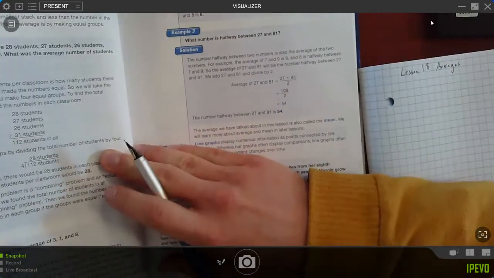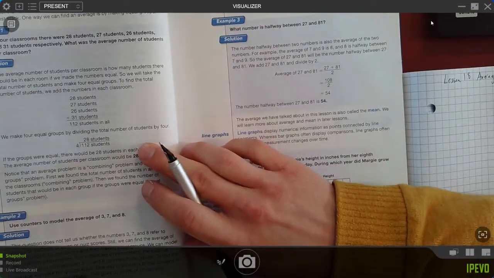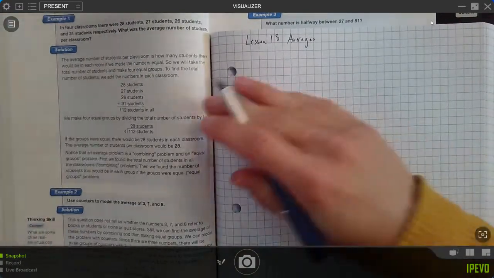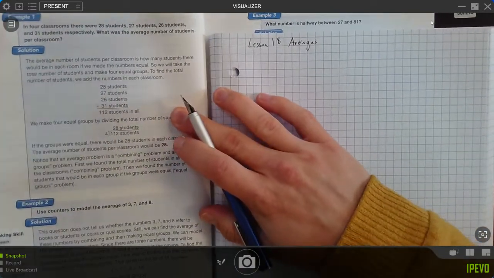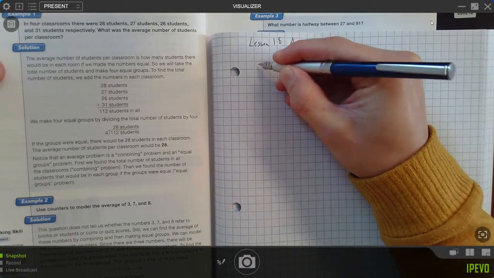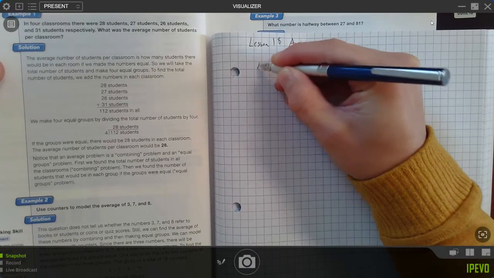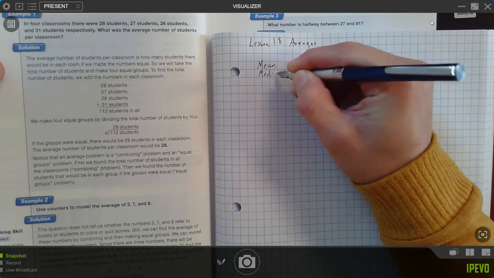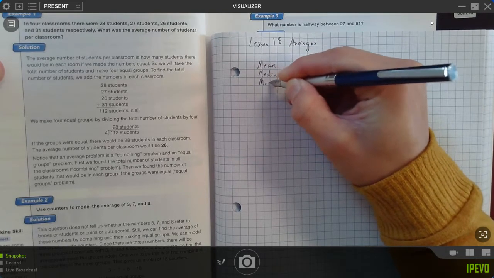Now, what we're talking about when we're doing these averages here, this is called the mean average, okay? And the mean average is usually the average we use, especially if someone is not clarifying, okay? So there's 3 averages. There's the mean, the median, and the mode, okay?